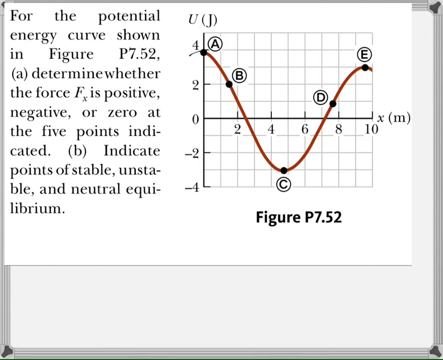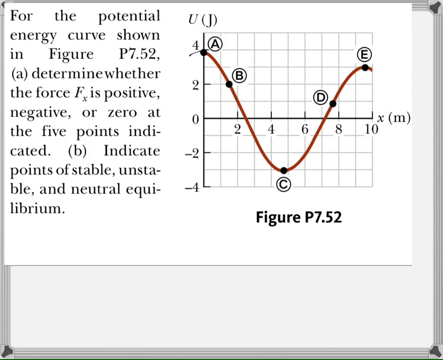But remember, the force is a negative derivative of U. The force F is not dU/dx, but it's minus dU/dx. The minus sign makes a difference. Well, let's concentrate on B. What can you say about the sign of force at point B?